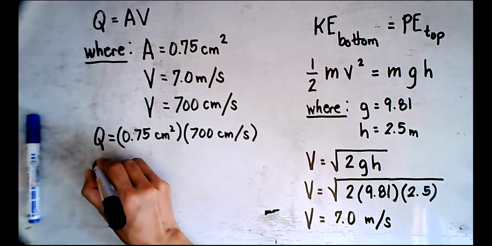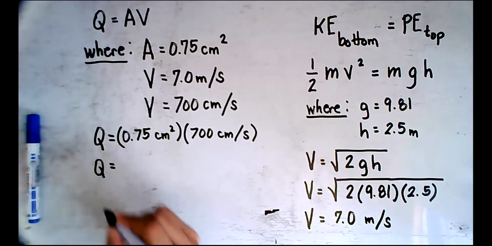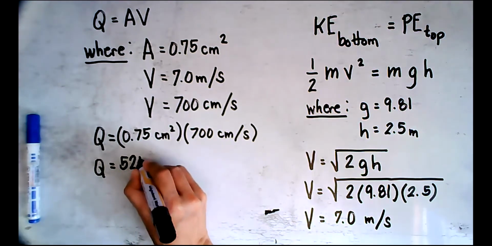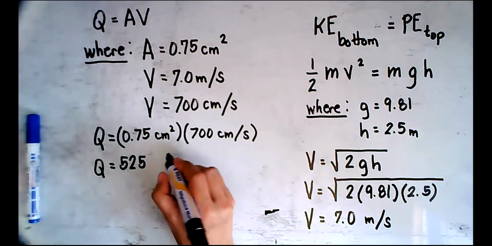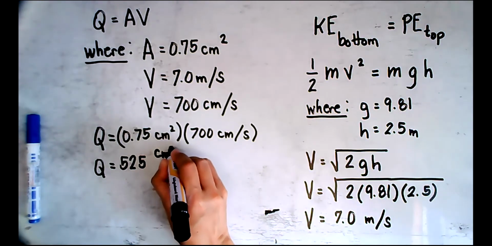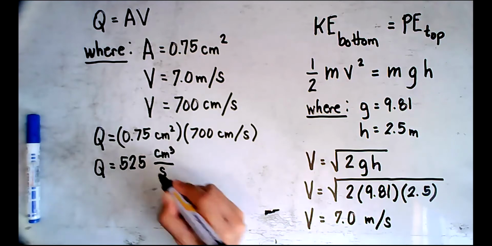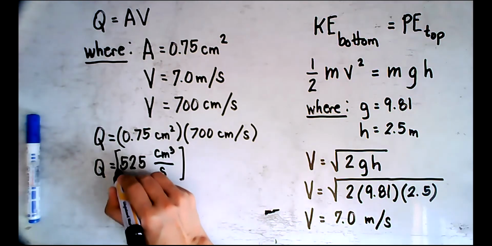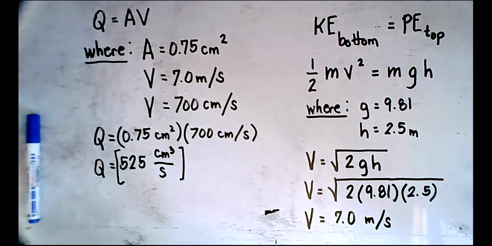And that gives us Q, which is equal to 525 cubic centimeters per second. Then you convert this to per minute.